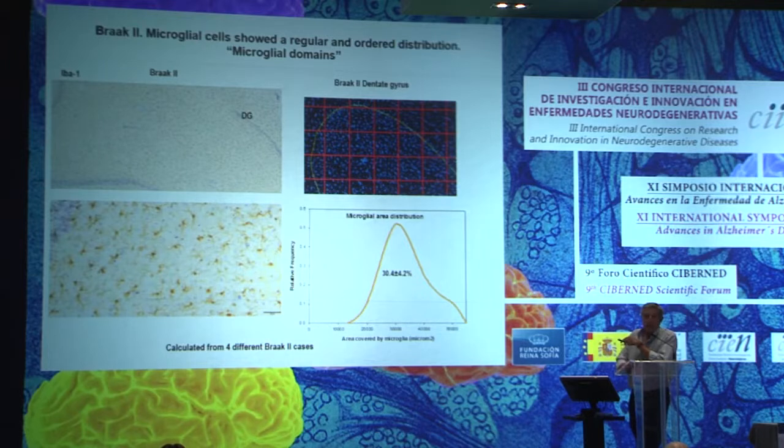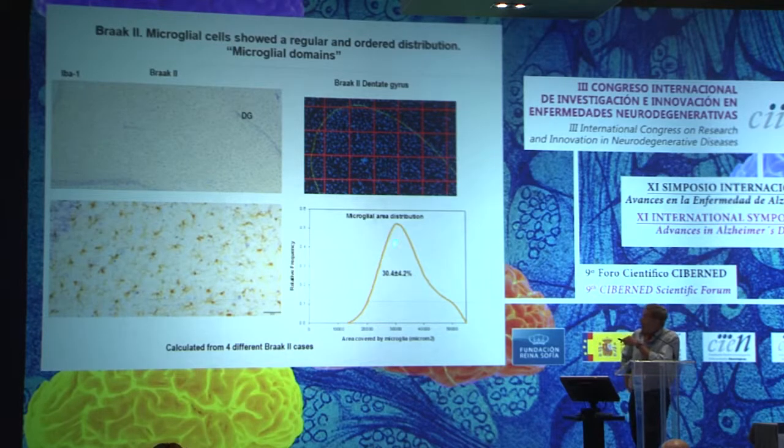More interestingly, these cells are somehow ordered in the hippocampal parenchyma, and in fact, the area covered by these cells is distributed in some normal distribution. As you can see here, the microglial cells cover around 30% of the parenchyma.